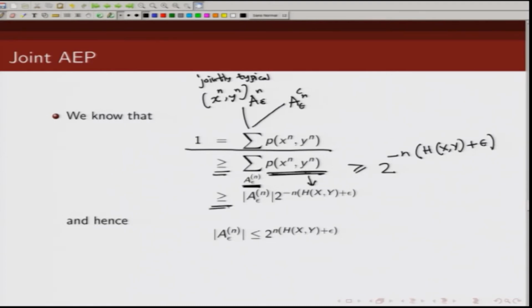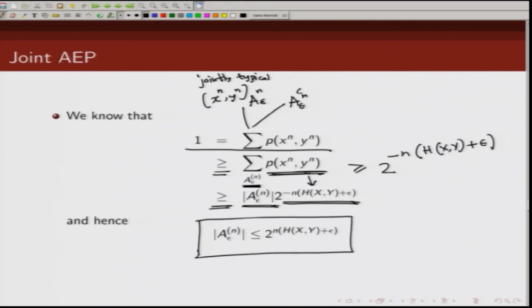That is why we again get greater than or equal to, and so the number of elements in this jointly typical set multiplied by the lower bound on this joint probability has to be less than or equal to 1. From here we get the condition that the number of elements in this jointly typical set is less than or equal to 2 raised to the power n times (joint entropy of X and Y plus epsilon).